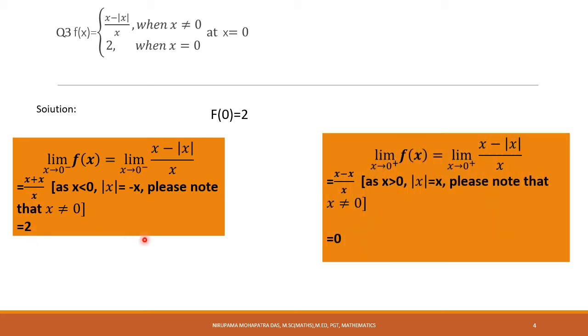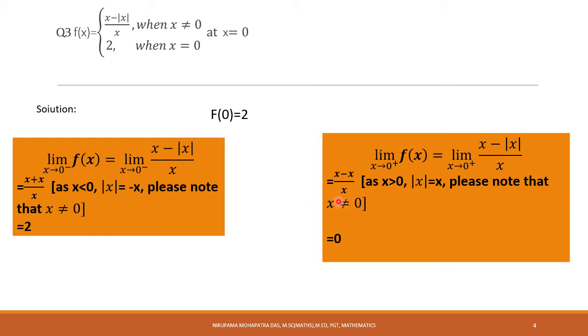And coming to right hand limit, x approaches 0 plus f(x) equal to x approaches 0 plus (x minus mod x) by x, and when x greater than 0, mod x equal to x. So we are getting here (x minus x) by x. So here again don't think it is 0 by 0. We are given clearly x not equal to 0, so we are considering this case when x not equal to 0.